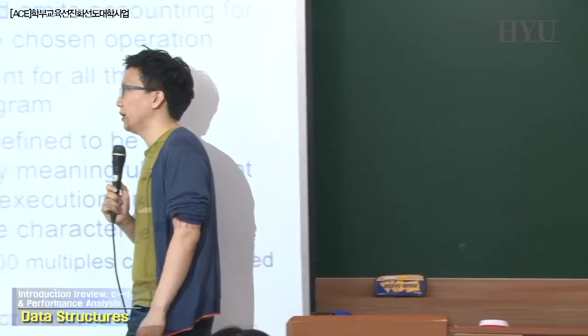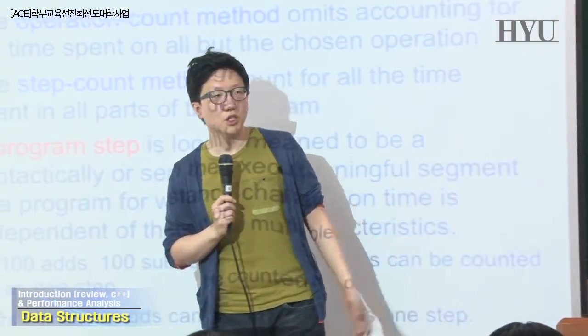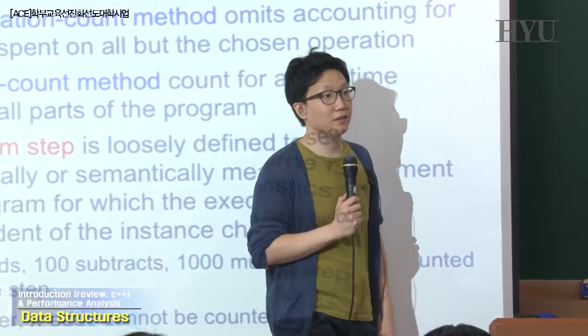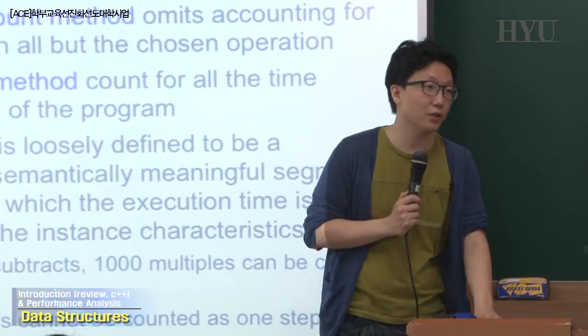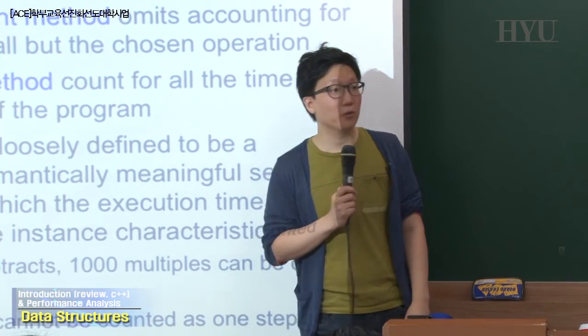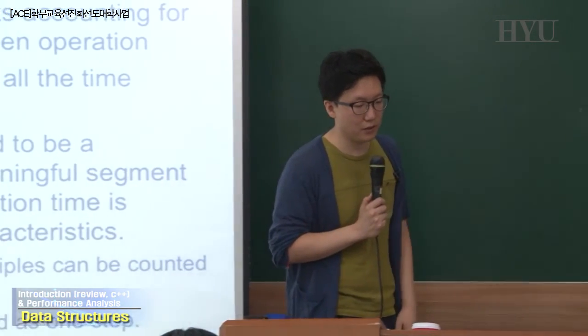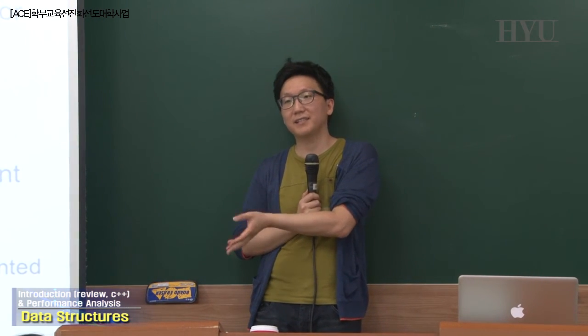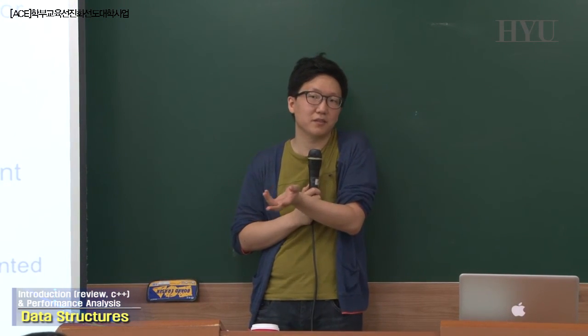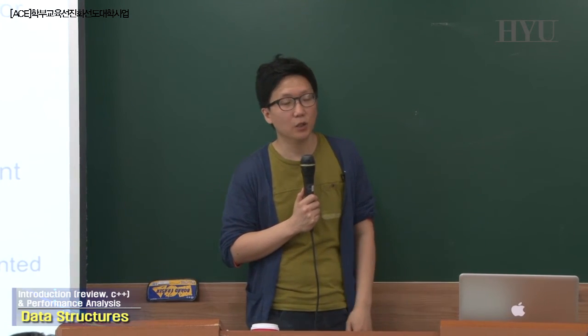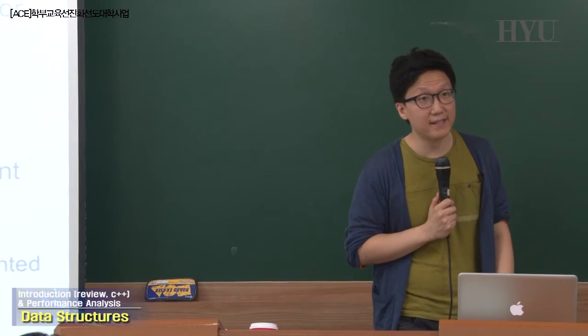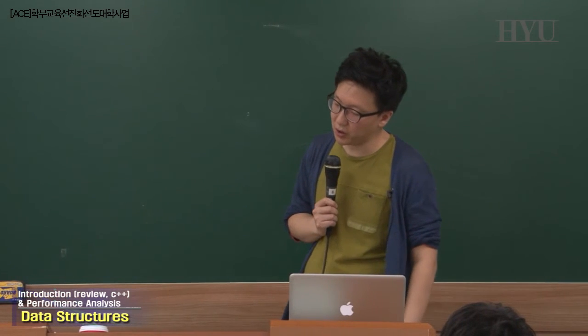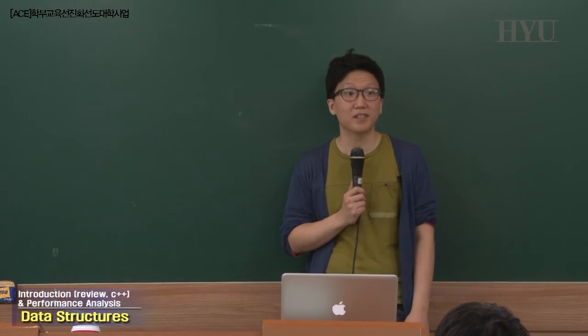So it depends on how you want to look at it. Some people just want to look at the main part of the algorithm. That's what determines the overall performance of the algorithm. So maybe their number is slightly less than the actual formal one. It doesn't really matter. That's why they say loosely defined. 100 adds, 100 subtractions, and 1,000 multiplications can be counted as one step.